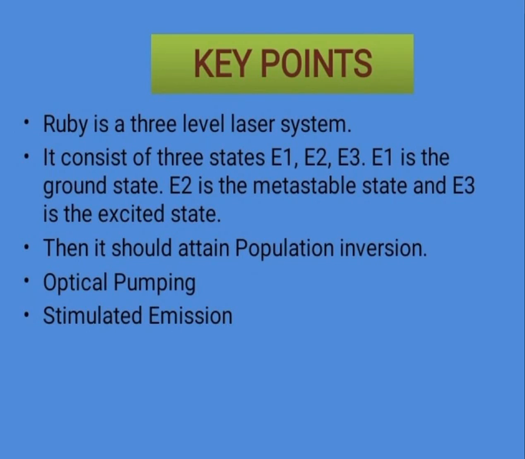Although absorption or emission of energy is a continuous process, the statistical distribution of the atoms in the various energy states is constant. When this distribution is disturbed by the pumping energy into the system, a population inversion takes place in which more atoms exist in a higher energy state than in the lower energy states. This is known as population inversion.